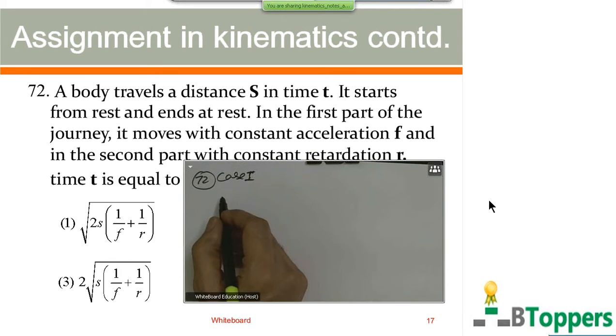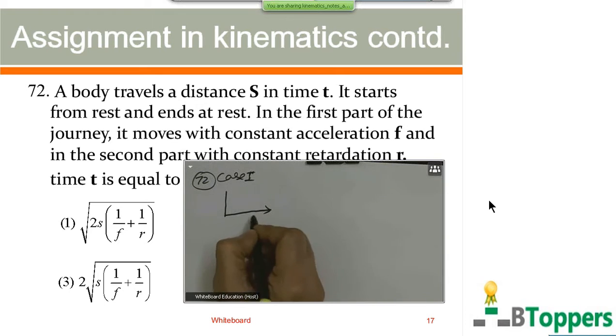I'd like to discuss the same question 72 here. This problem comes under the same special case which I have discussed earlier, special case 1, in the previous class.